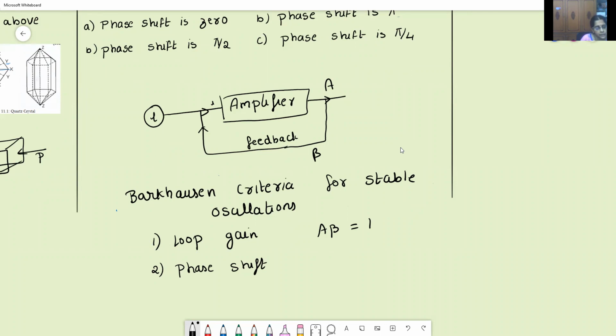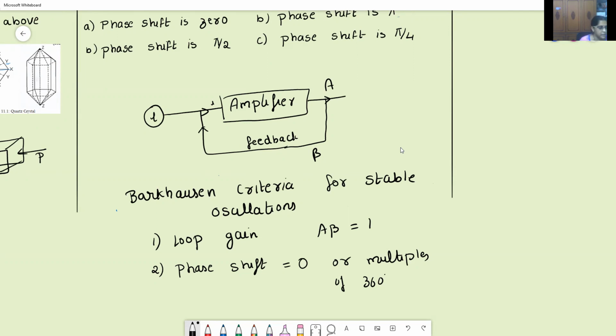This phase shift has to be 0 or multiples of 360 degrees. So these are the two conditions called the Barkhausen conditions, which say that if you want stable oscillations, these two conditions should be satisfied.